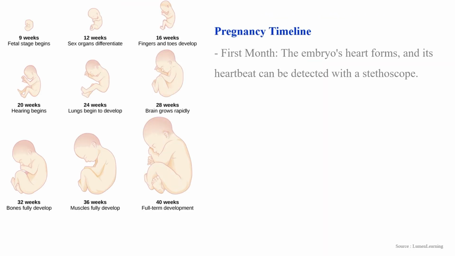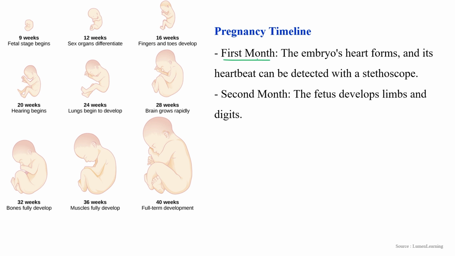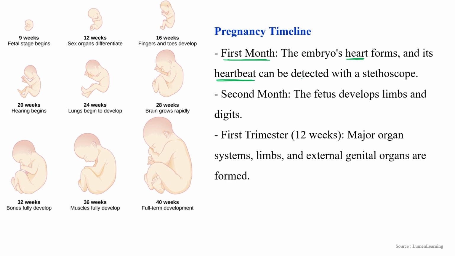Now pregnancy timeline. In the first month, the embryo's heart forms, and the doctor can detect its heartbeat with the stethoscope and confirm the pregnancy.